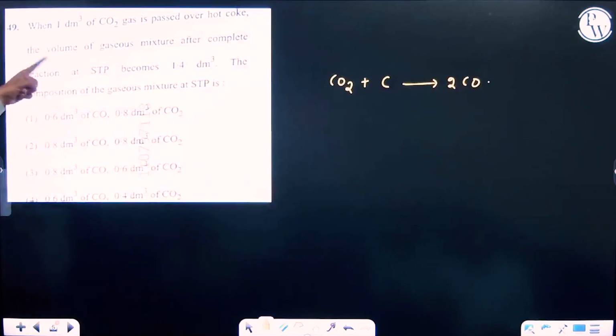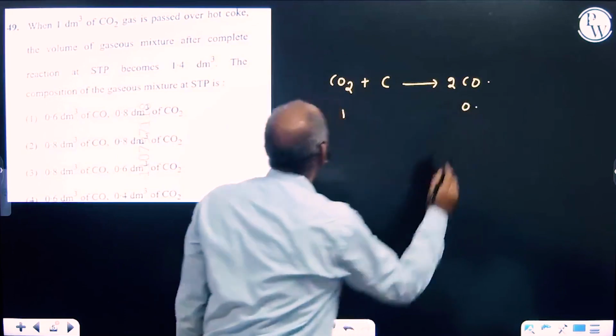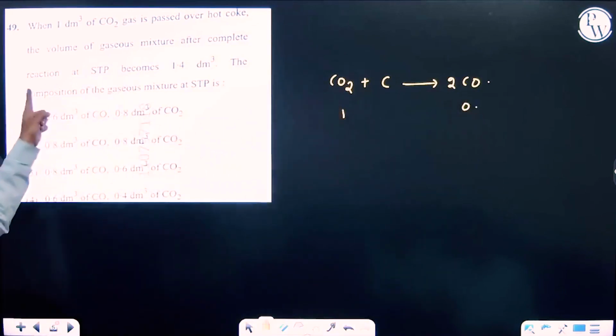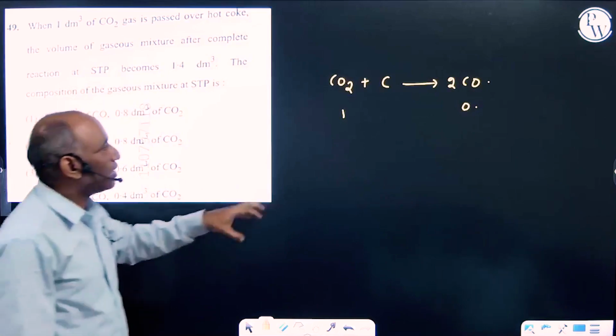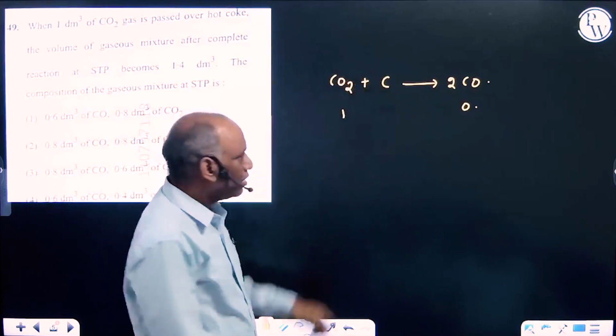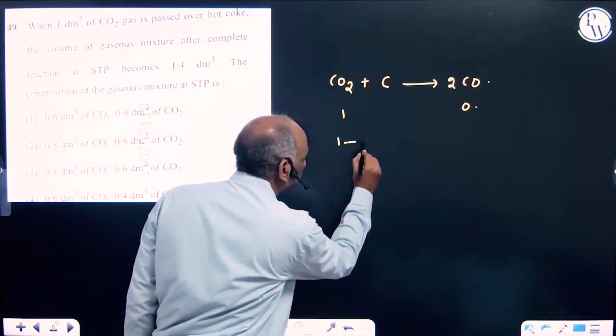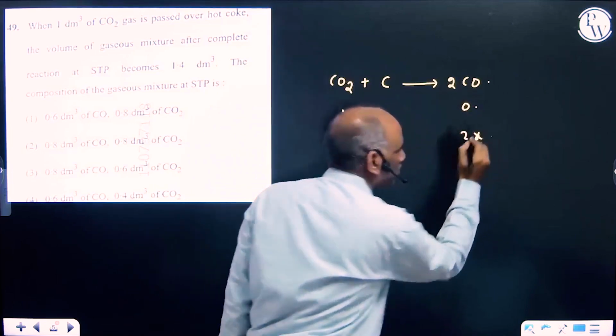So when you have this 1 decimeter cube, 1 liter, initially carbon monoxide is 0, and after complete reaction at STP the total becomes 1.4. Assume that X amount of carbon dioxide has been converted. Thereby, this will become 1 minus X, and this one will give rise to 2X.